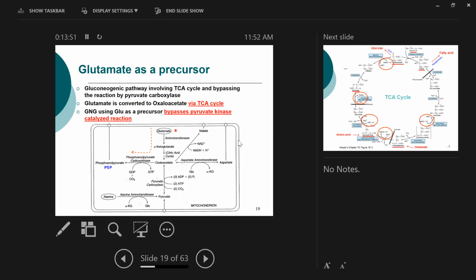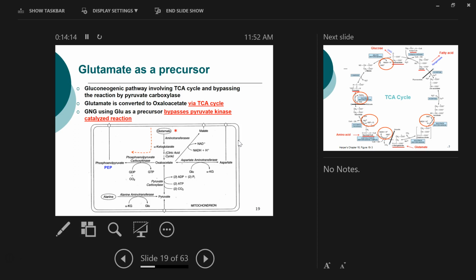And this slide, I think we mentioned earlier: glutamate as a precursor only involves three bypass reactions in gluconeogenesis, right? One in the mitochondria and the others in the cytosol.